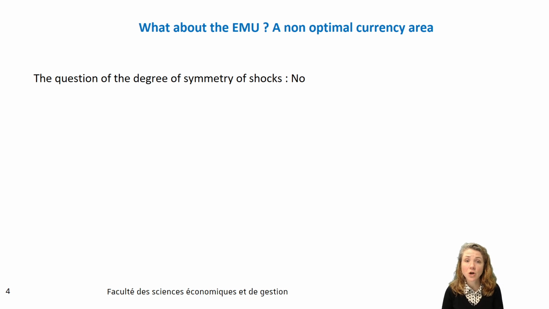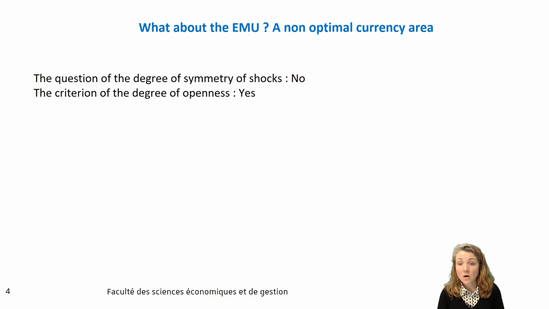It means the common central bank is not enough to take care of cushioning and stabilizing economic shocks. The degree of openness is quite high, but it's not enough. That's why we should focus on the other factors. Capital mobility seems quite high.